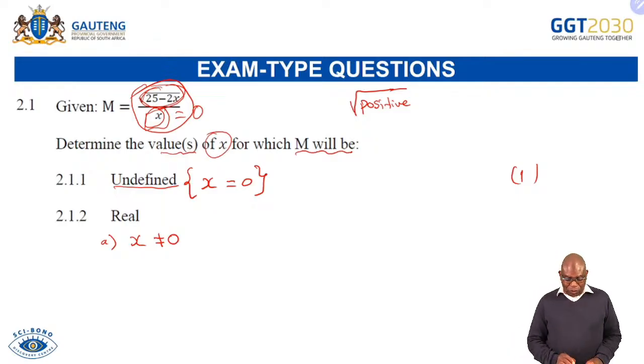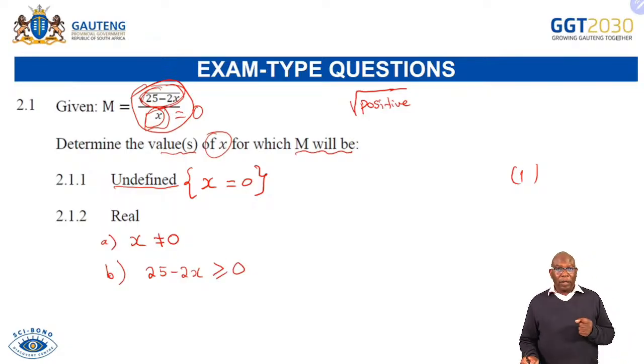So the second part, I'm just going to write it, says 25 minus 2x must be greater than or equal to 0. For it to be real, what is inside the square root must be positive.